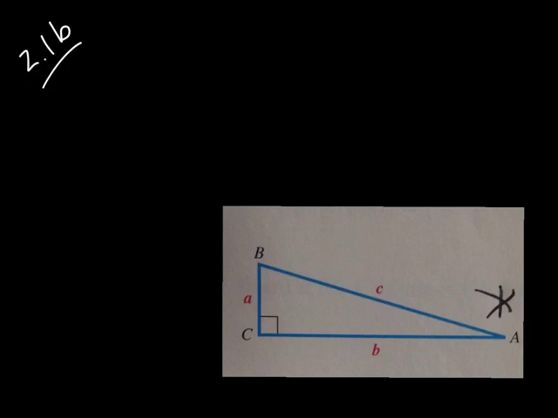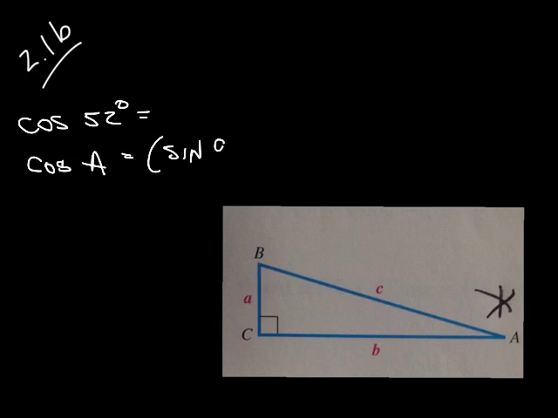So for example 2, they say write each function in terms of its cofunction. The cosine of 52 degrees will be equal to, well, if you look at that chart, it says the cosine of an angle, we'll call it A, equals the sine of 90 degrees minus A. So what they're saying is, I know the cofunction of cosine is sine, and the angle that goes right here is whatever the difference is between this and 90.